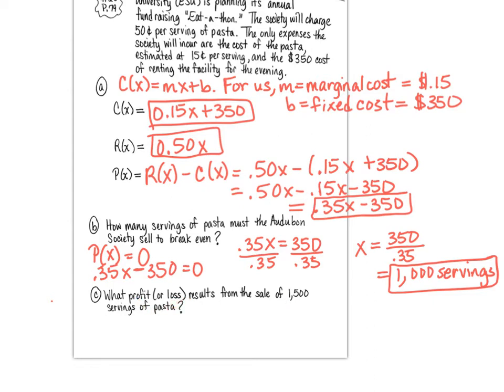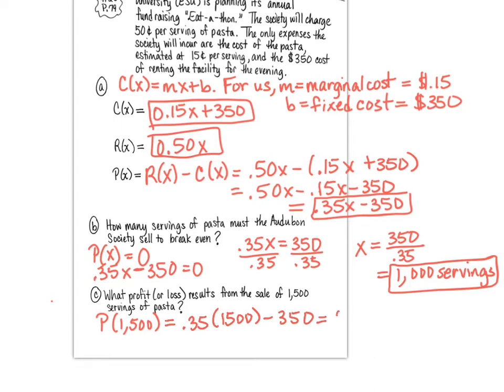But let's check. We need to substitute 1,500 in for x into our profit equation, which, remember, is right here. So we get 0.35 times 1,500 minus 350.